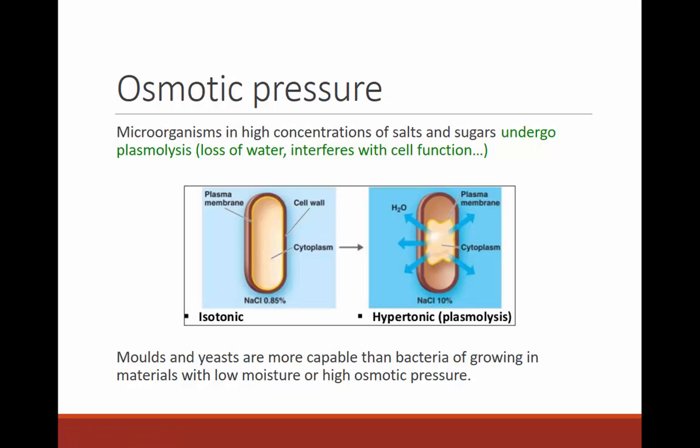The osmotic pressure that I was talking about, if you destroy the cell membrane or the cell wall, then you get plasmolysis. So instead of the cell being nice and happy in an isotonic solution, if it's put in a hypertonic solution, then you will get the movement of water out, because you've destroyed that plasma membrane.